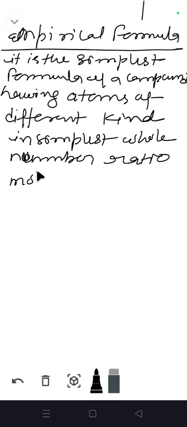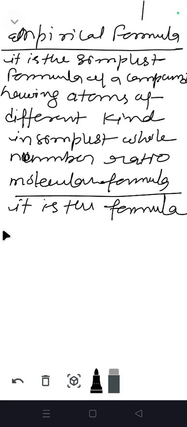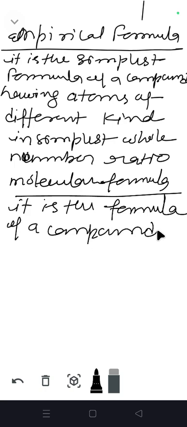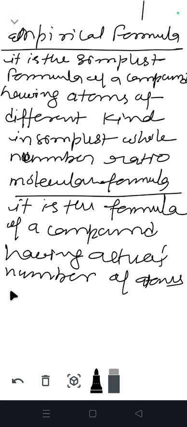The second definition will be of molecular formula. It says that it is the formula of a compound having the actual number of atoms of different elements.